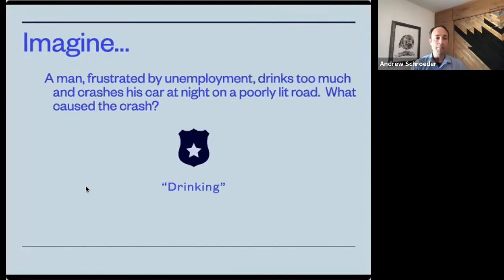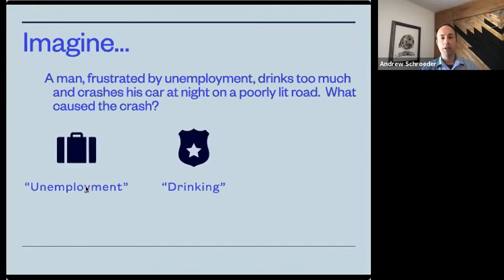You could very easily imagine the man's social worker or therapist saying that the true cause of this crash was unemployment or depression, something like that. And we can imagine a highway planner, maybe a year in the future, looking back at years of crash data, who sees that people continually crash on this corner late at night, saying that poor lighting was really the cause of the crash. Okay, so we have three different people who are each picking out different causes of this crash.